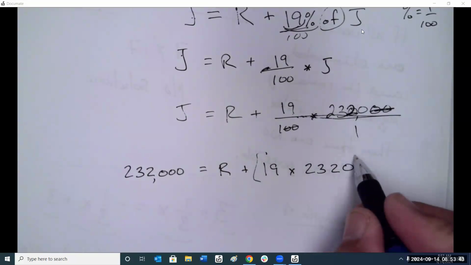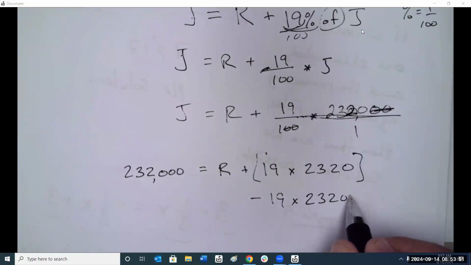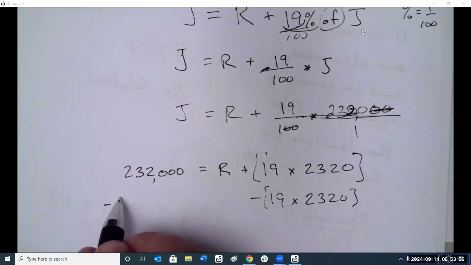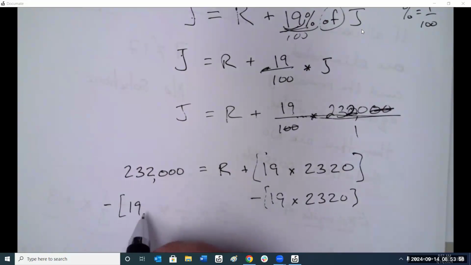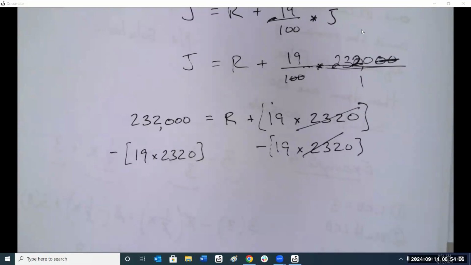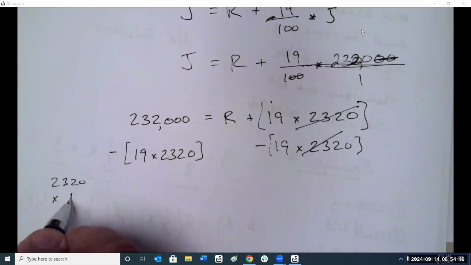So we have to get rid of this number. So we subtract 19 times 2320. So what is 2320 times 19?